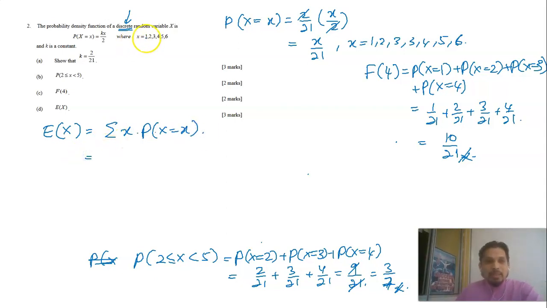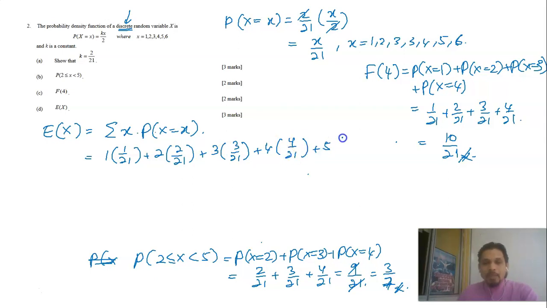So we begin with x equals 1 multiplied with 1 over 21 plus 2 over 21 times 2 plus 3 plus 4 plus 5 plus 6.